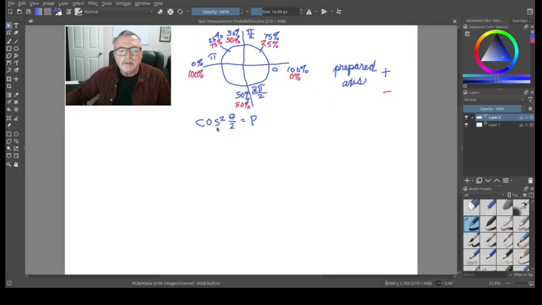What do you think about this? Let's see if this matches all the rules. Cosine squared of theta over 2, where theta is the angle around this circle, or the alignment with the prepared axis.